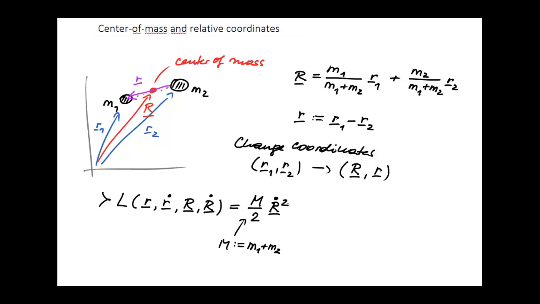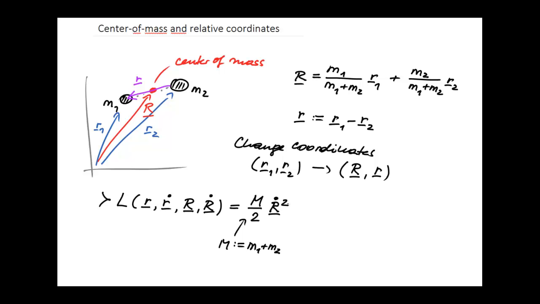So we can consider the system composed of two bodies now as a single system with total mass capital M, that moves with the velocity of the center of mass, and the associated kinetic energy, that would be this term M/2 times capital R dot squared.